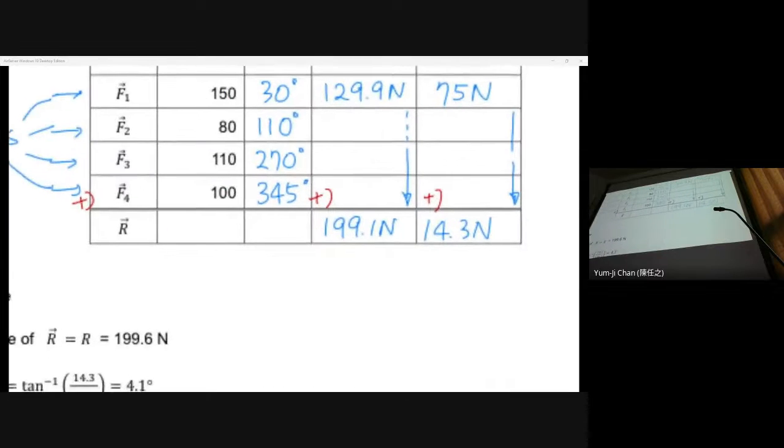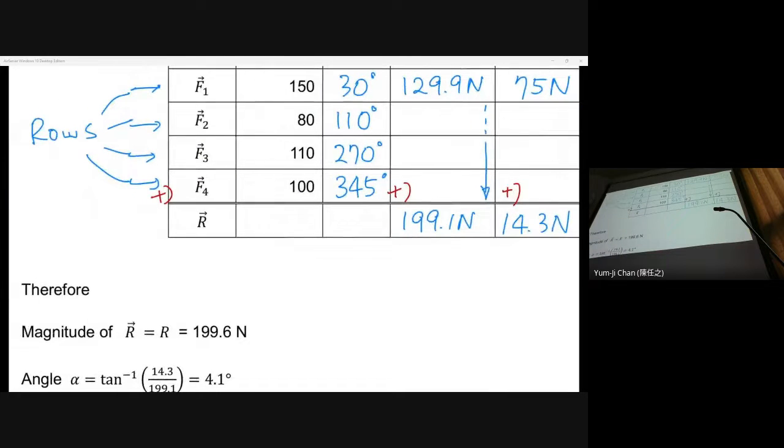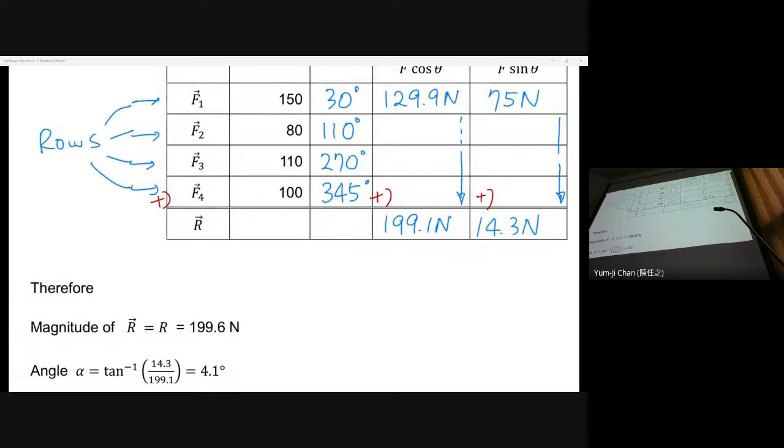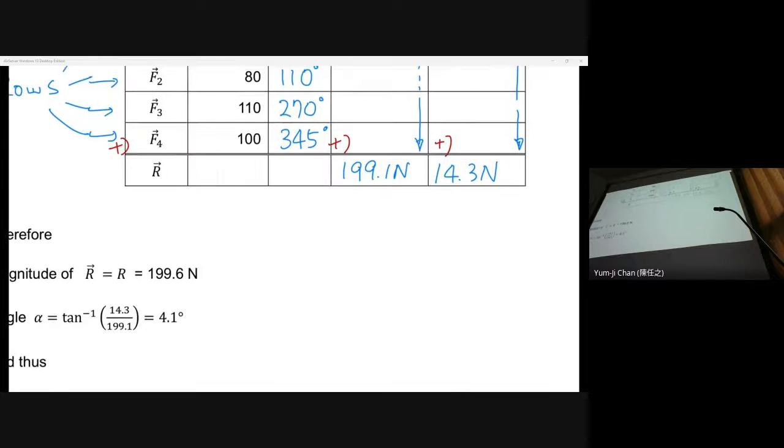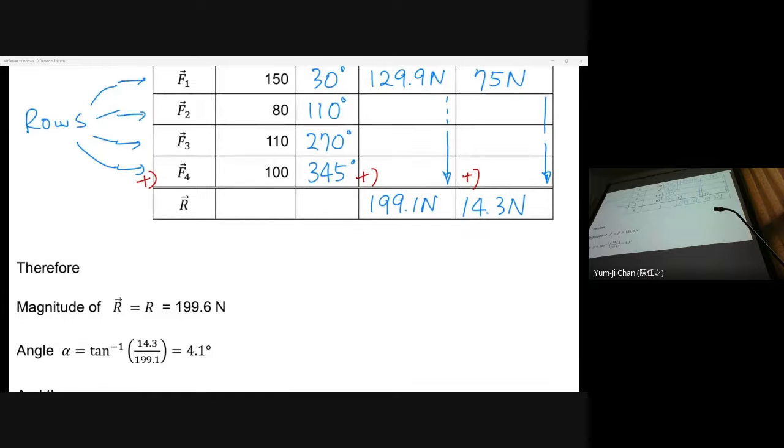If you have the X and Y components, then for answering this question, of course R is equal to 199.1 i plus 14.3 j Newton.